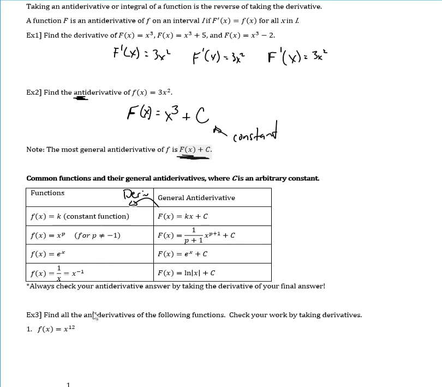Here's our power rule. x to the p has an antiderivative here. Our power rule in words is the reverse of our derivative. First, we add 1 to the power.